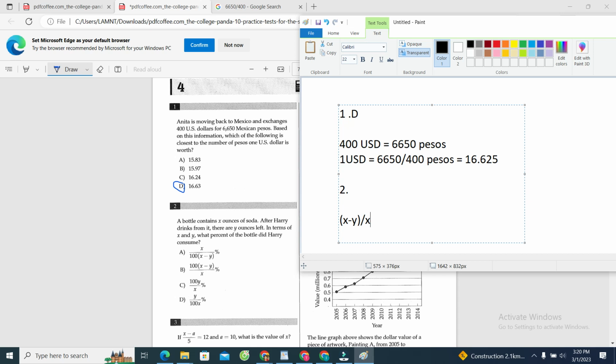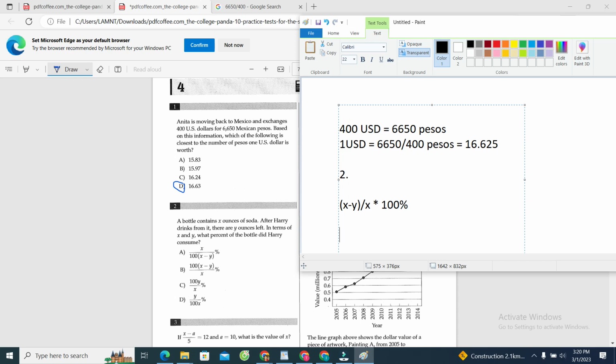So that's multiplied by 100%, right? So this is actually X minus Y over X, times 100%. That is 1 minus Y over X, times 100%.